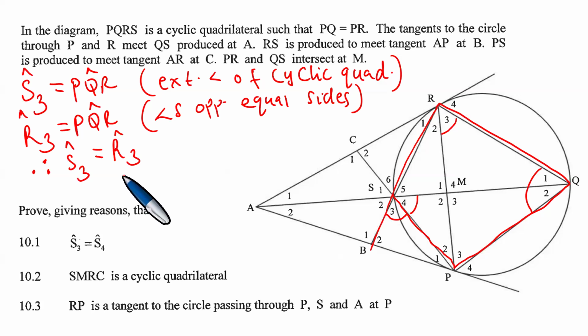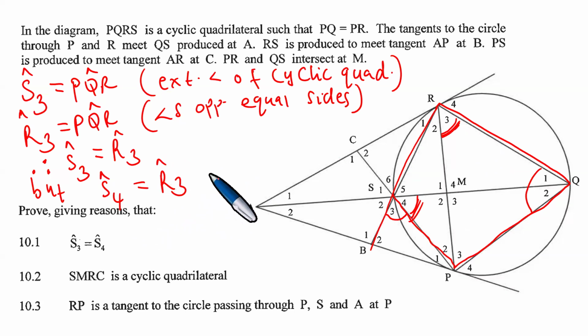But the angle S4, this one here, is actually equal to the angle R3. Why is this the case?